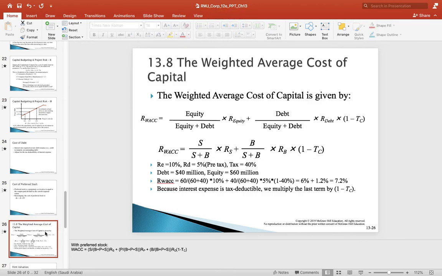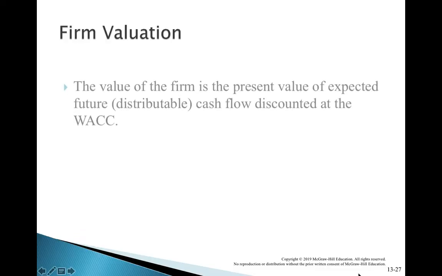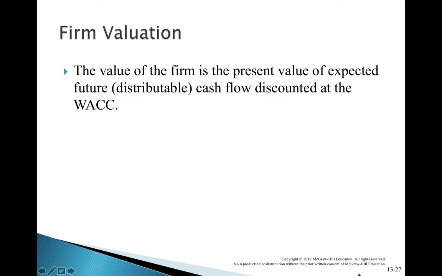So next is, once we calculate the firm valuation, when we are using the DDM, dividend discount model, there we use the cost of equity for discounting the future cash flows to present.